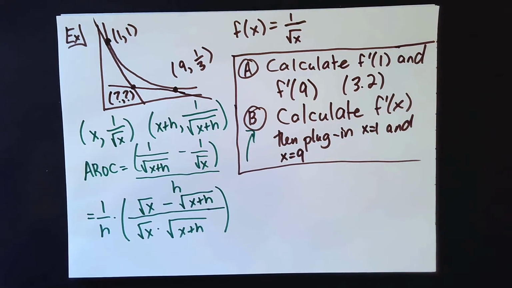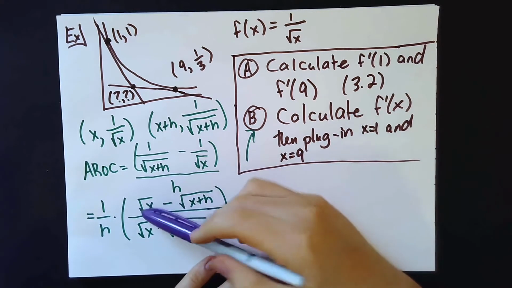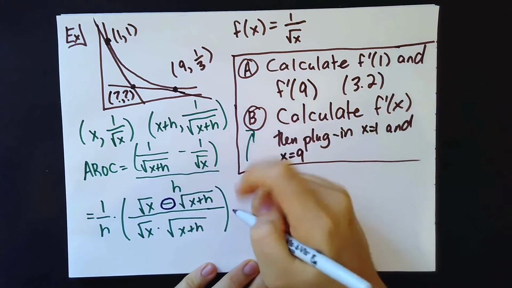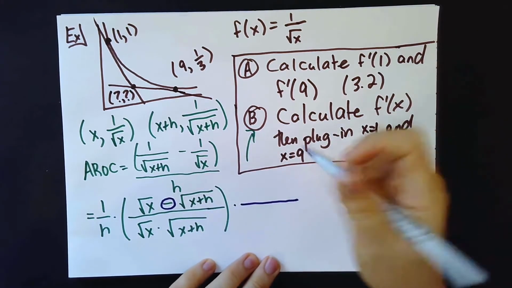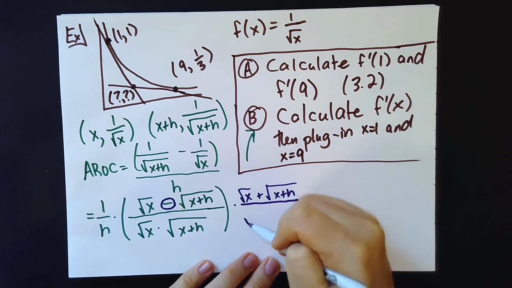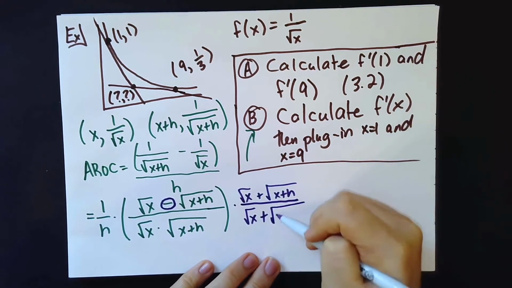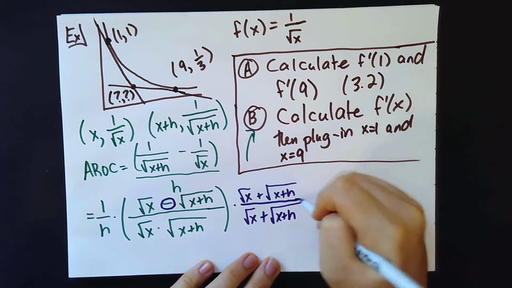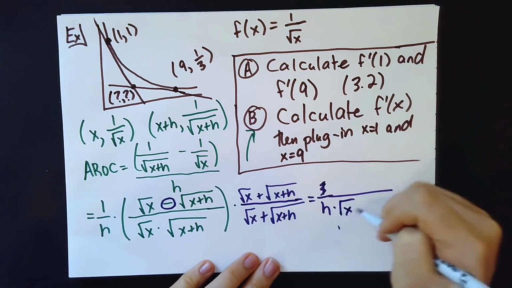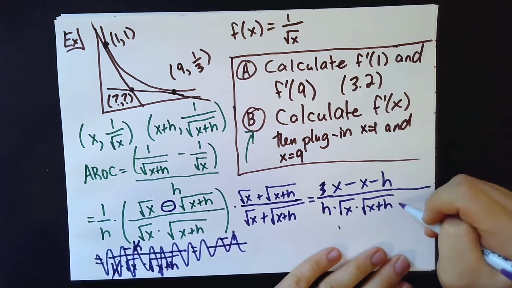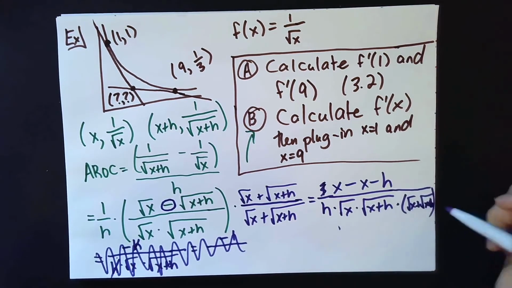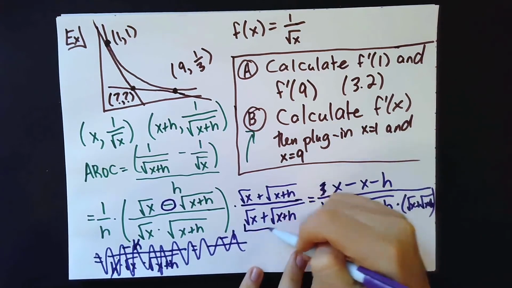Now what do I have to do? Well, I've got this whole square root minus something business, so I have to use my multiply by the conjugate trick again. So I'm going to multiply by the square root of x plus the square root of x plus h, divided by that same thing. So the denominator here is going to be h times the square root of x times the square root of x plus h times square root of x plus square root of x plus h. That's this thing.